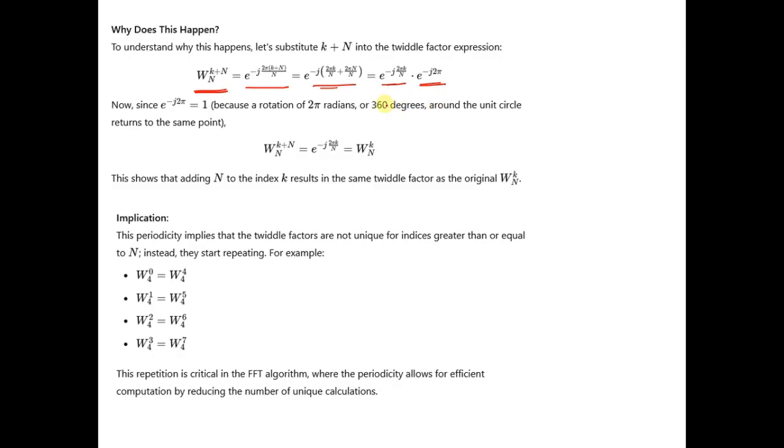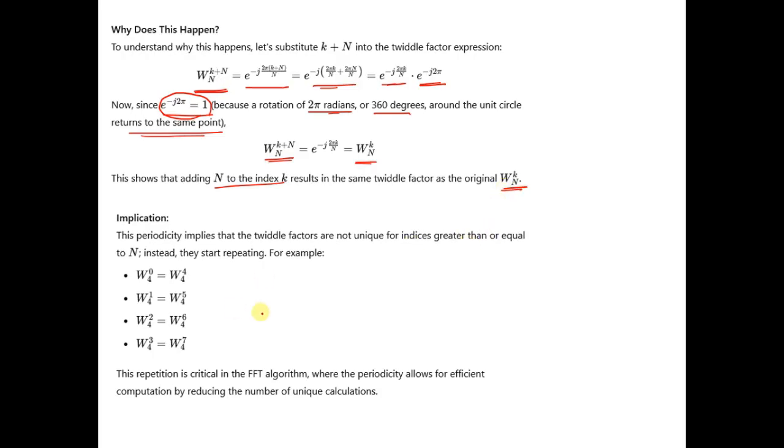So after every 2 pi, since e to the power j 2 pi is equal to 1, because a rotation of 2 pi radians or 360 degrees around the unit circle returns to the same point. Hence W^(k+N) is equal to W^k. This shows that adding N to the index k results in the same twiddle factor as the original k.